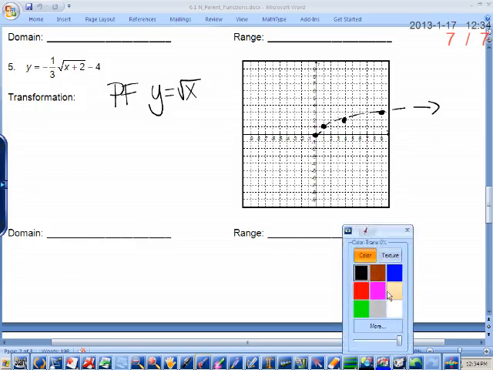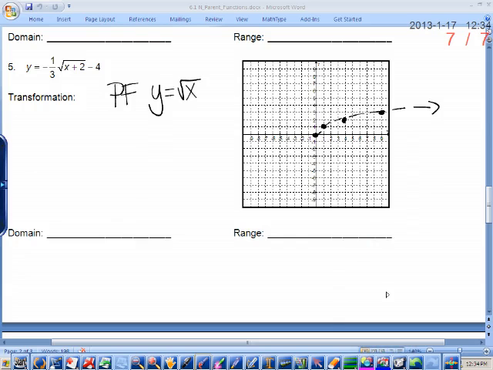Okay, let's list our transformations. Going from left to right, what's our first transformation?